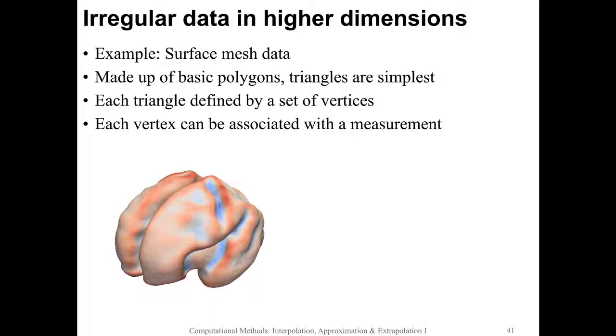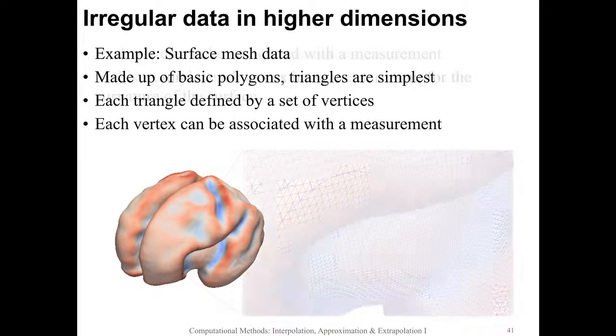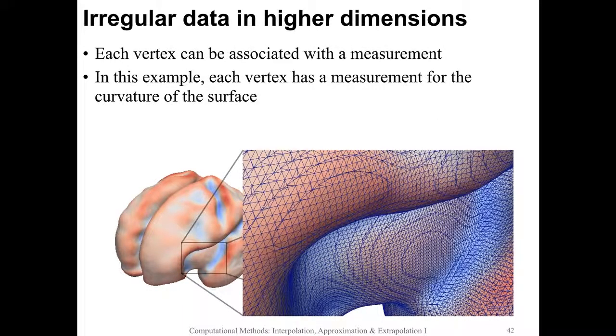So our triangles are defined by sets of vertices, and each vertex can be associated with a measurement. If we zoom in on this surface, we can see that it is in fact made up of many, many small triangles, and each one of those triangles is associated with a value. In this case, the value represents the curvature of the surface and is indicated by the color of the mesh.